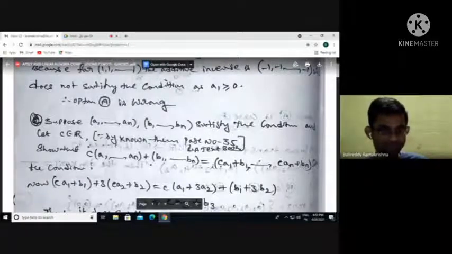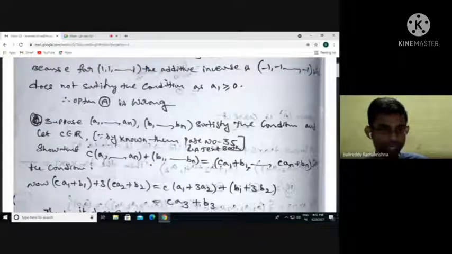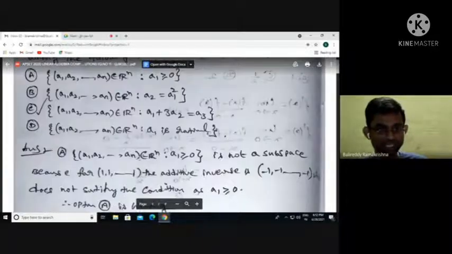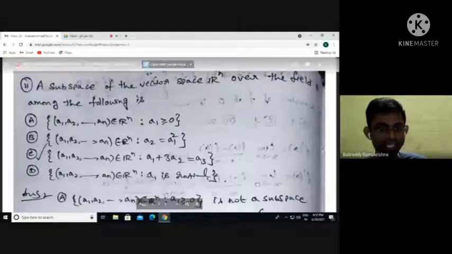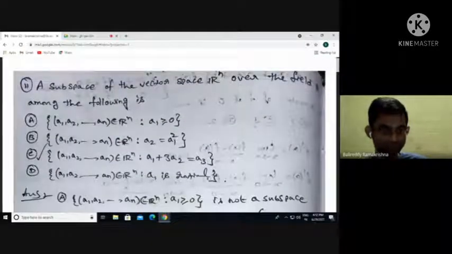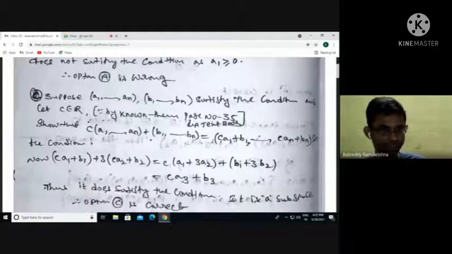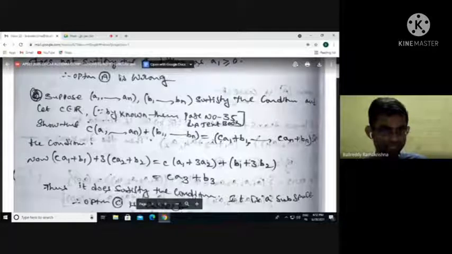By the known theorem that we discussed previously, we have to show that c times the n tuple a1, a2, and so on an, plus b1, b2, and so on bn, is equal to ca1 plus b1, and so on, can plus bn. And the given condition is a1 plus 3a2 is equal to a3. If this condition is satisfied, then it becomes a subspace. Okay, so this is by using the theorem.